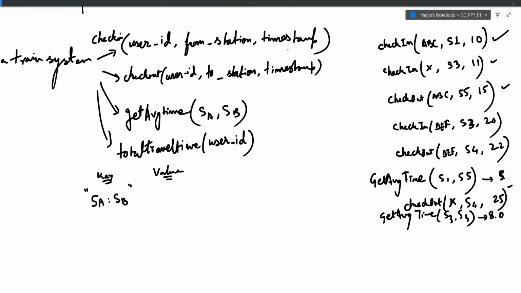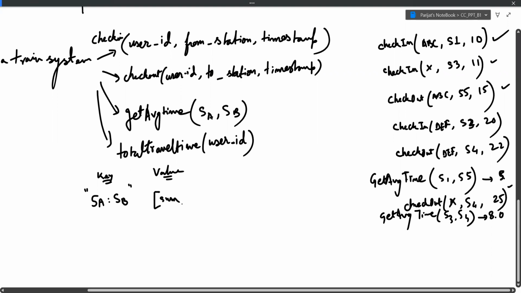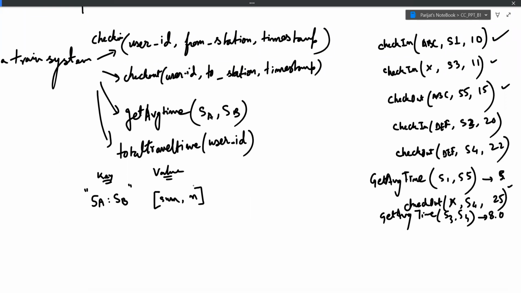Sum comma n. So we'll have a pair as the value, sum comma n. Perfect. This is the sum and this is the n. Why do we not have the average directly? Because later if something gets added, we need to continue adding to the sum, right? So we have a long sum and an integer n, or long n, whatever.